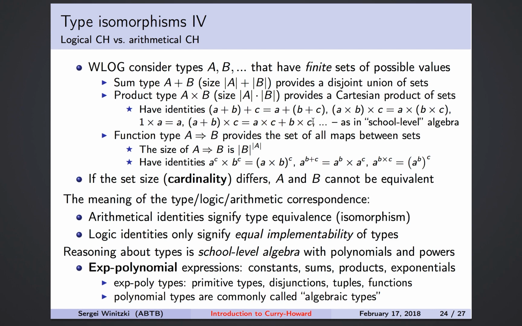All of these identities are valid for arithmetic, and they show, if you translate that into statements about the sizes of types, they show that the size of the type on the left is equal to the size of the type on the right. And that is very suggestive.